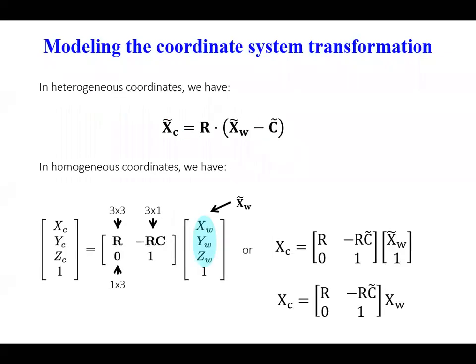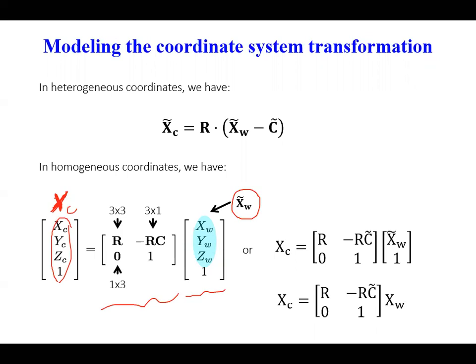If you do the math, you will find that you can write xc as a point, xc bold, not tilde, here it is homogeneous, sorry. So xc as a point, which is xc, yc, zc, 1, will be equal to this particular matrix multiplied by this particular xw point in the homogeneous domain.